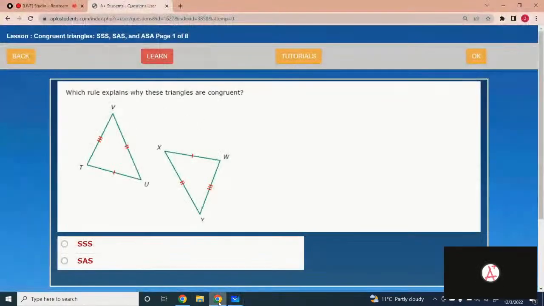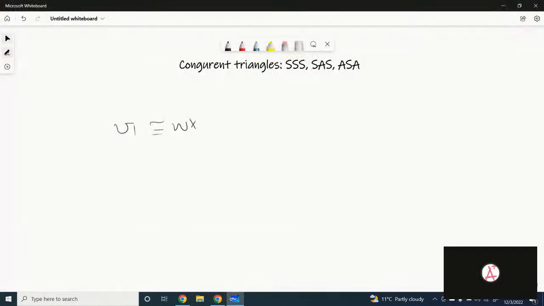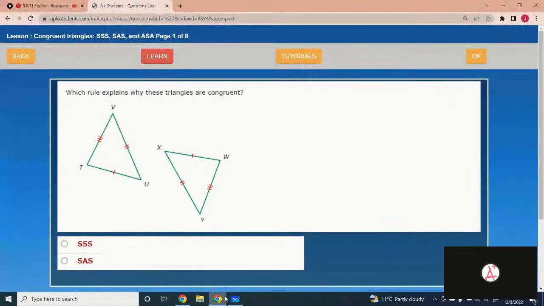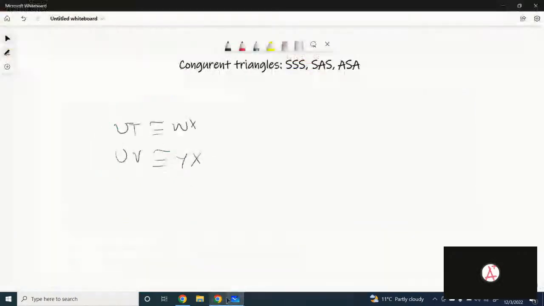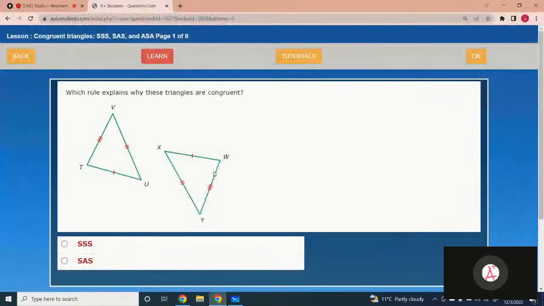Then UV is congruent to YX, and the third one is VT is congruent to WY. So for both triangles all three sides are congruent. That means it is side, side, side. Got it? Just select the correct option, then click on the OK button.